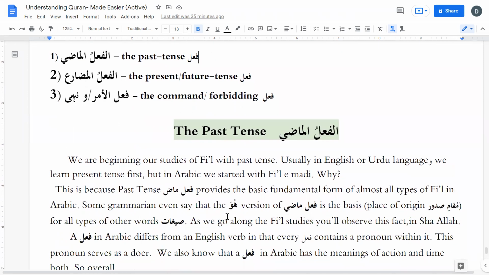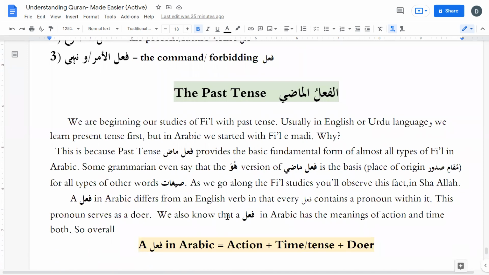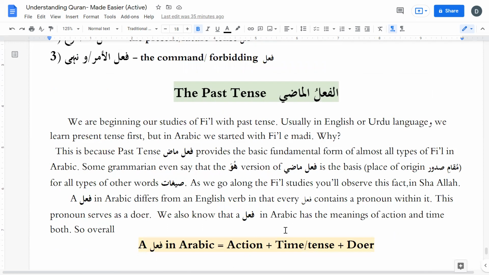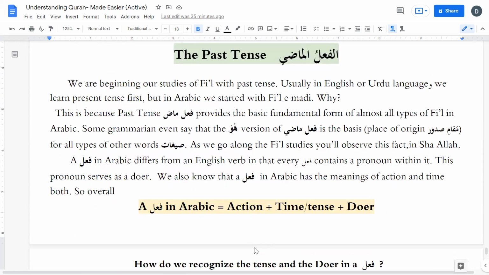And then we focused on Fi'l Madi. Alhamdulillah, we started that, and we know that in Arabic, in a single word, we have the action. Like we know in translation what action is there, and we know the time also.